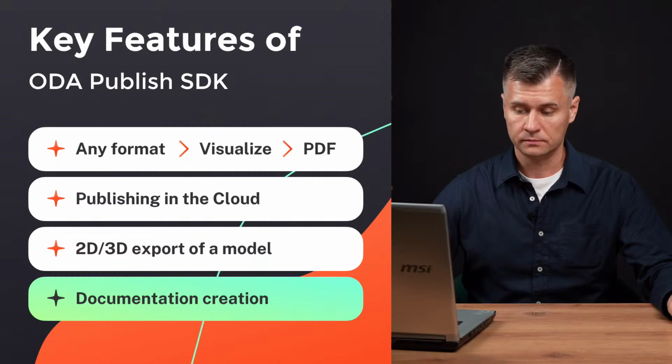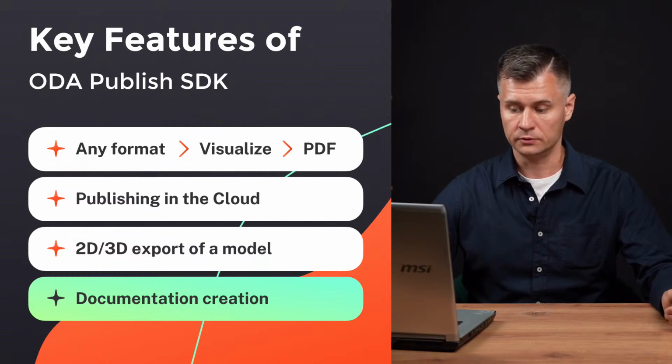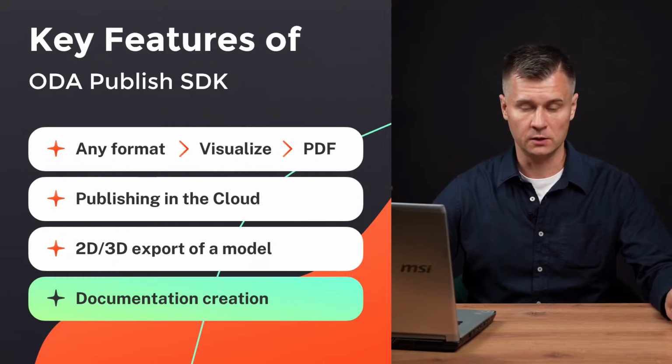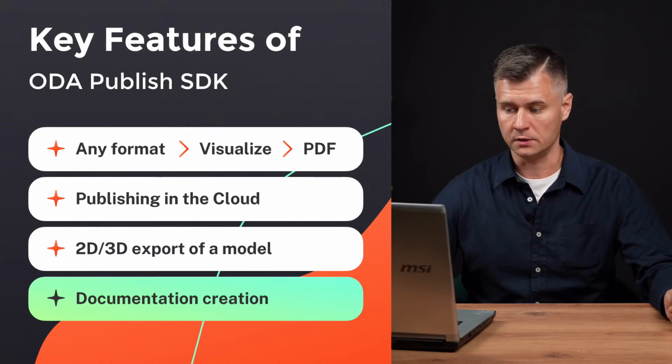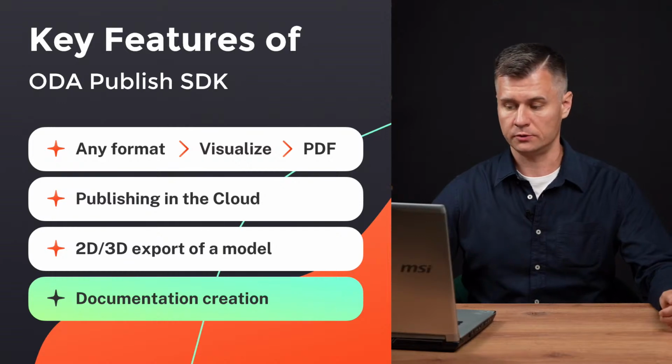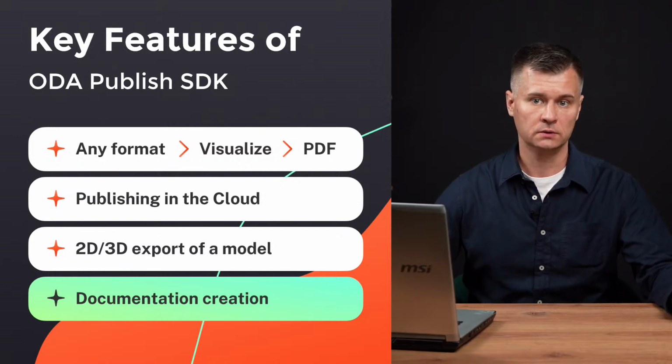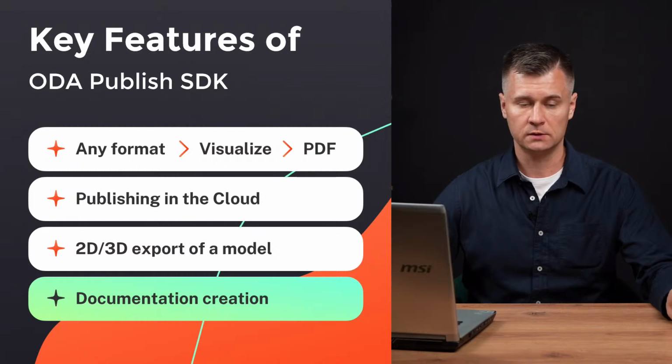It may also be used as a standalone product for creation of rich and smart documentation, or some demos or tutorials, all implemented in PDF, and ODE Publish SDK is the only thing you need for it.